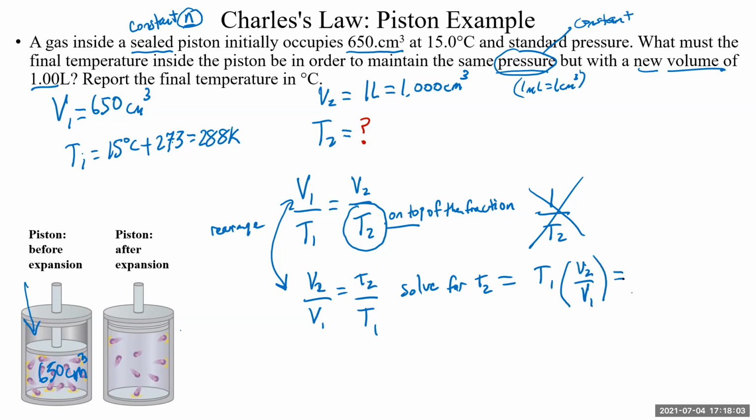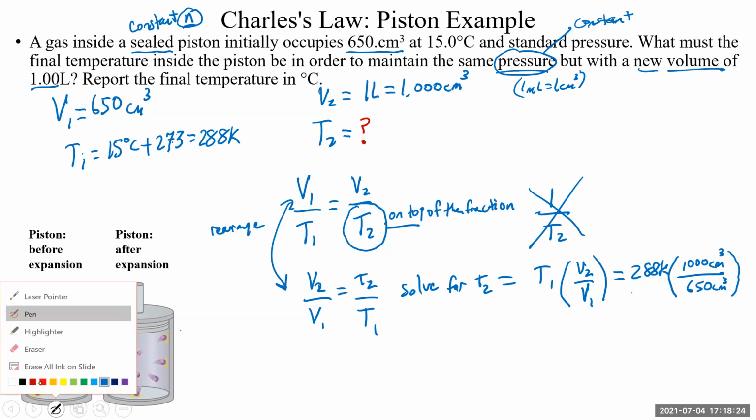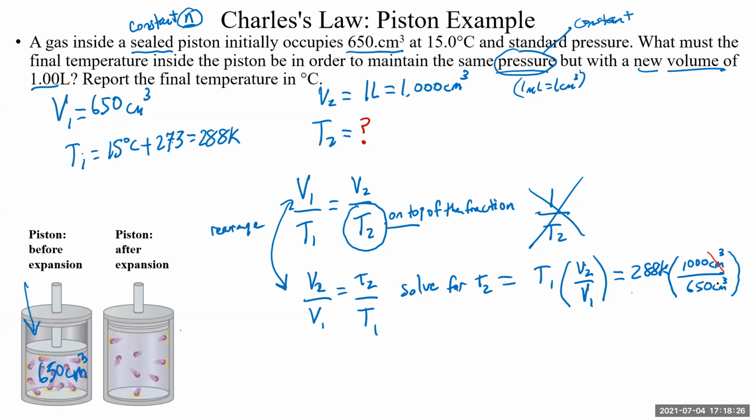And so we plug in our numbers. I have T1, which is equal to 288 kelvins, multiplied by our V2, which is 1,000 cubic centimeters, divided by 650 cubic centimeters. By the way, another thing to make sure you're doing things right, although this isn't a guarantee, is to make sure your units are canceling and you're getting the units you expect.